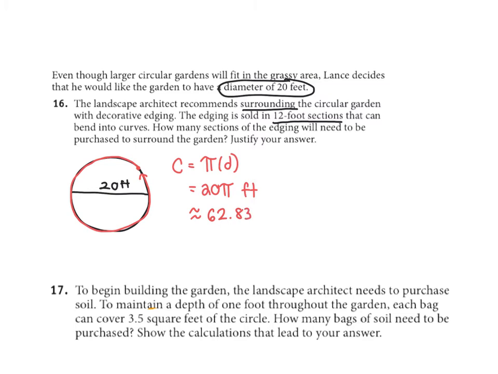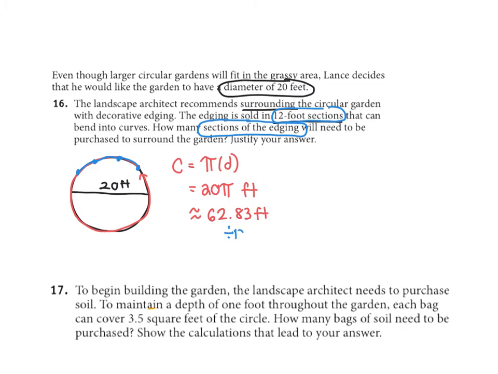62.83. Now, this question is asking how many pieces of fencing does he need to go around the border. So it's not asking me for the actual circumference, but how many of these 12-foot sections do I need to go around this border? So I know that it's a total of 62 feet around here, and I have to figure out how many of these little 12-foot sections go into the 62 feet.